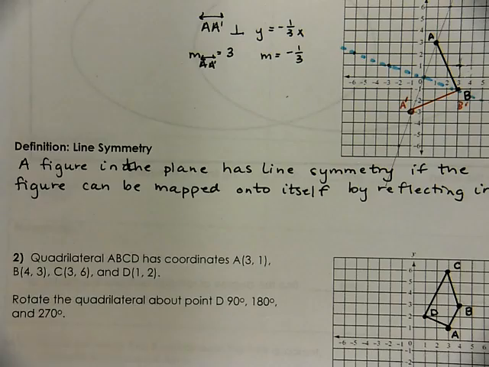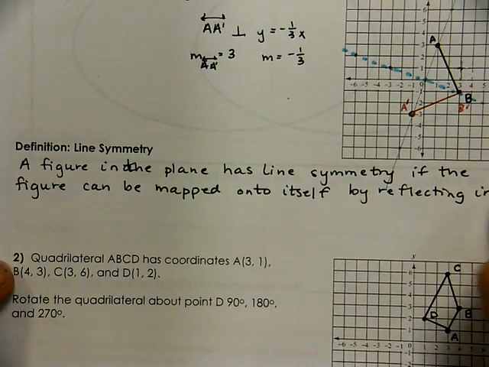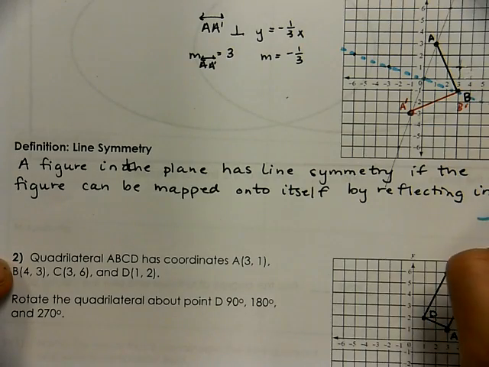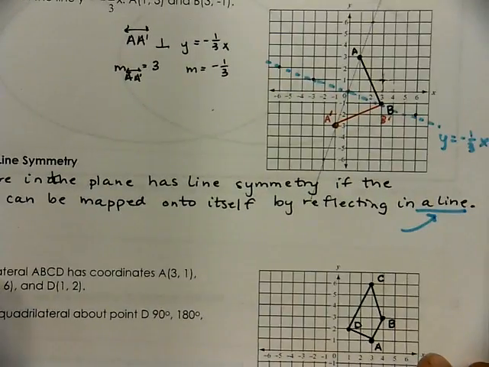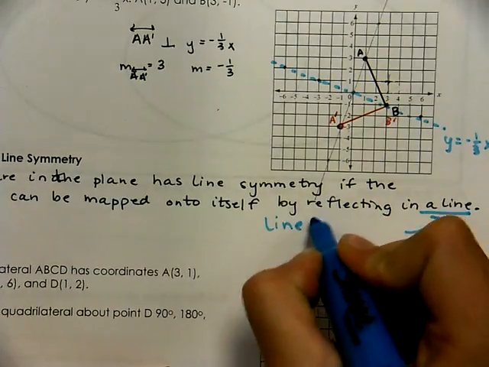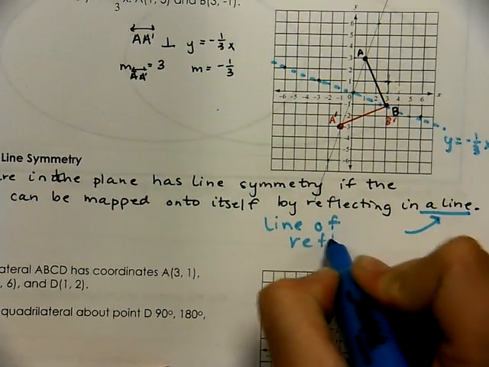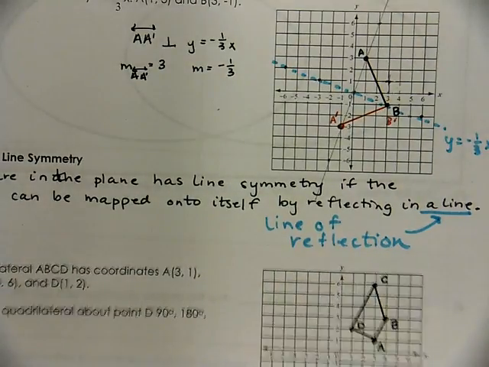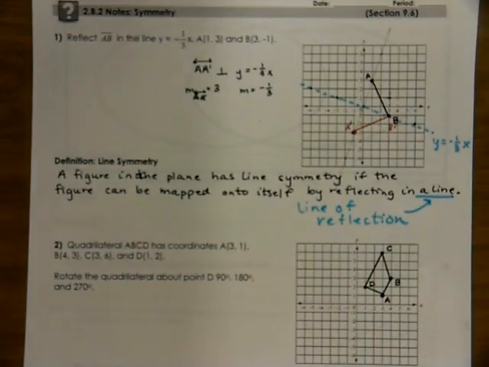This line that we are reflecting in, we call that the line of reflection. That's what I highlighted in blue. So we'll switch over here. Line of reflection. Maybe we do need to zoom out to see everything. Sorry about that, guys.